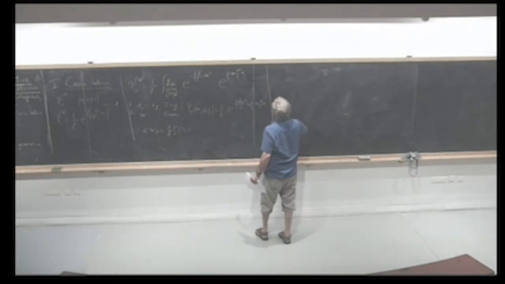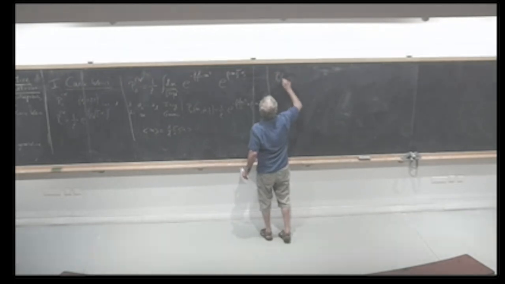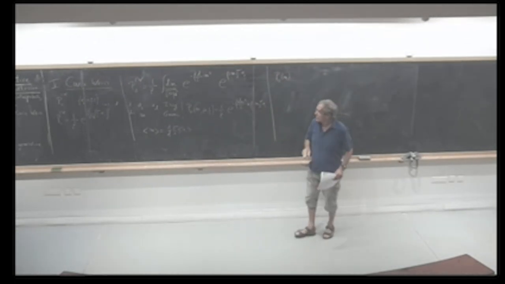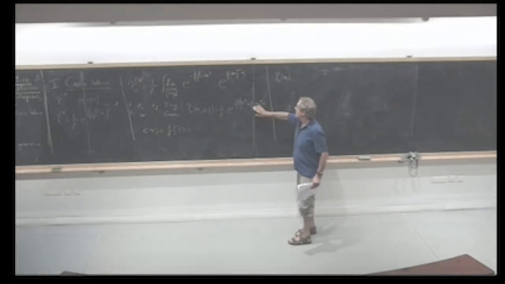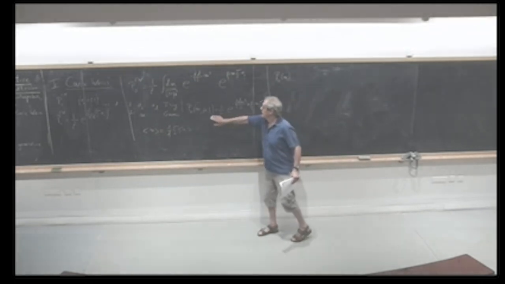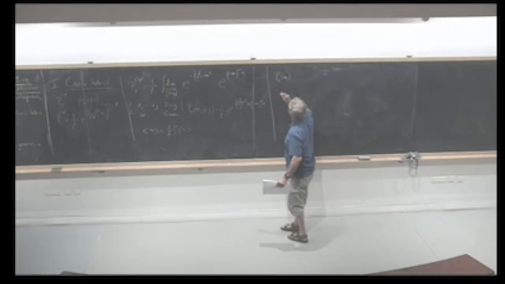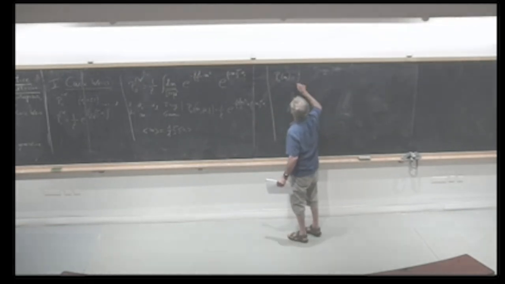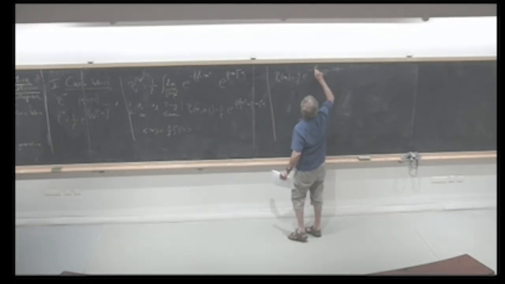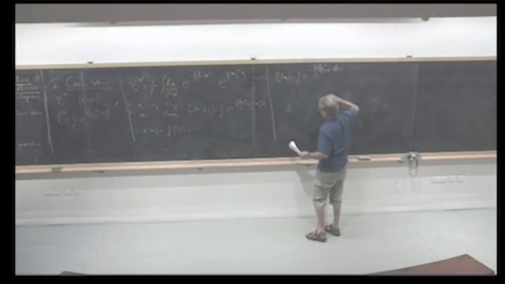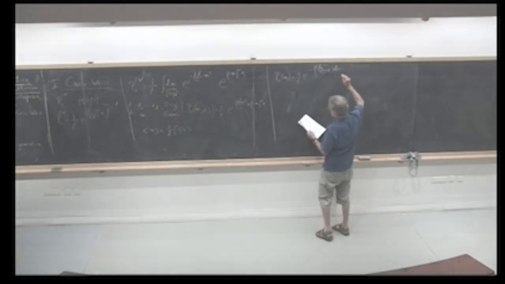So if I look at that, I can look at the p0 of m. If I now sum over all the spins, that's very easy, because given m, the spins are independent random variables, and so I find that this is log 2 cosh.